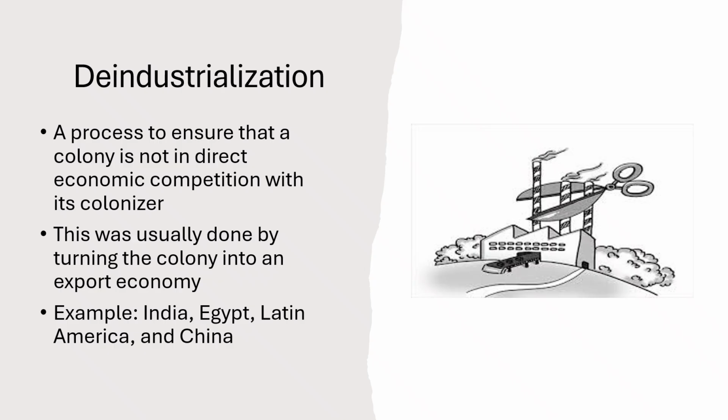An example of that would be the British in India, where industrialization was purposely stopped by the British with, for example, the passing of the Calico Act. The Calico Act prohibited textiles from anywhere but England.